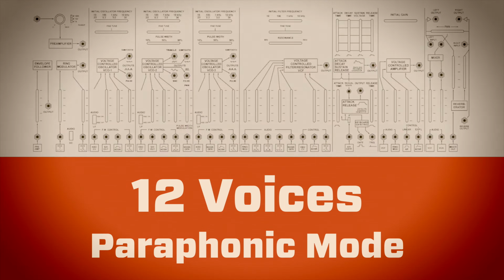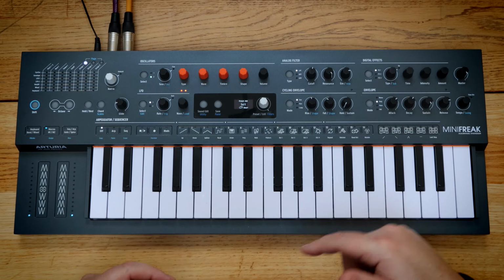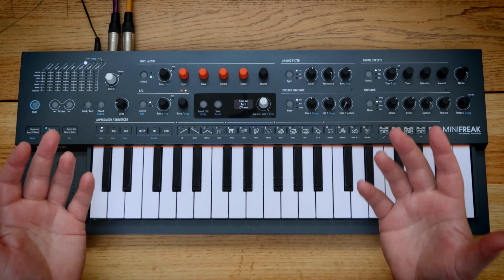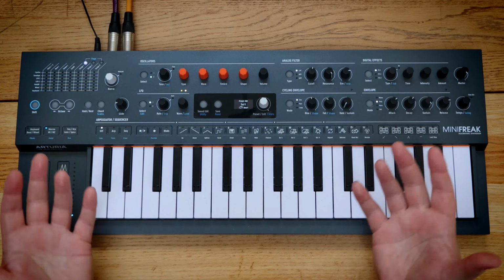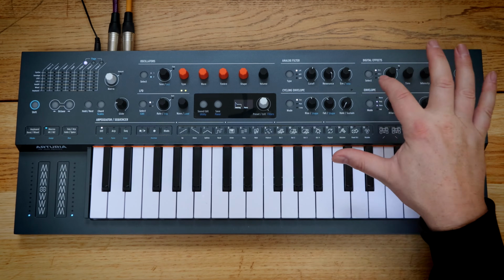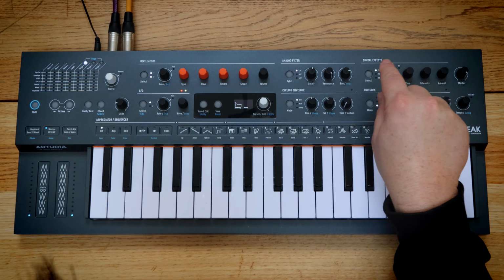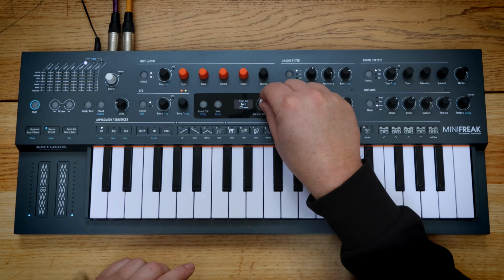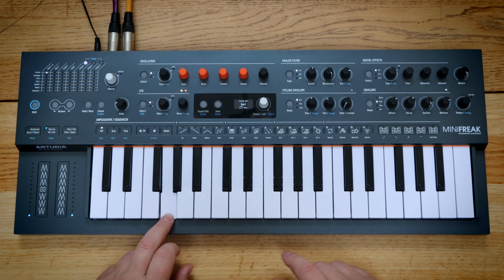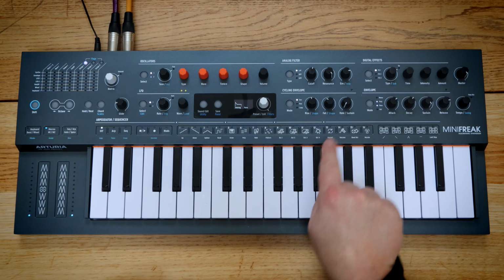So while I'm talking about the oscillators, let's look at this paraphonic mode where we get 12 oscillators playing at the same time, as in 12 distinct voices, 12 distinct tunings. Go into the paraphonic mode. In fact, let's just load up another initial patch to show how it really works. Go to paraphonic mode.